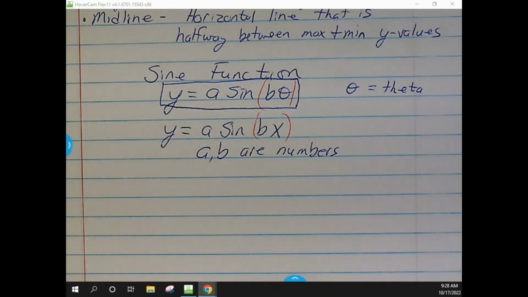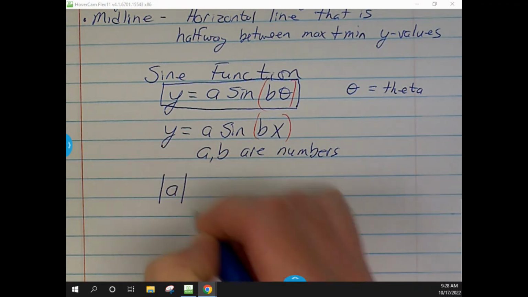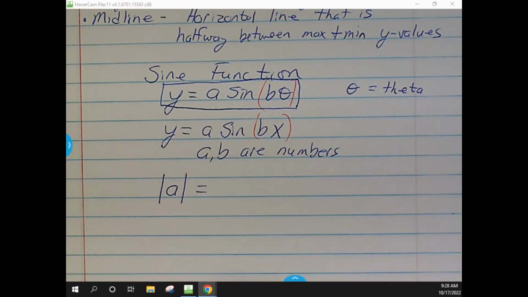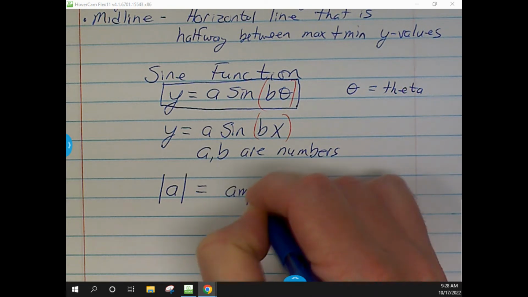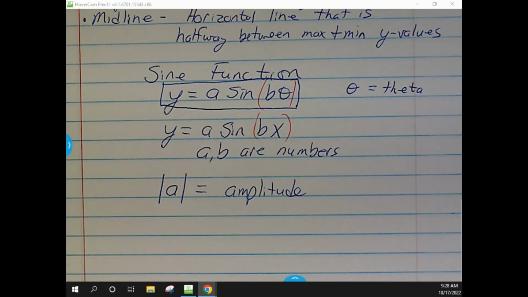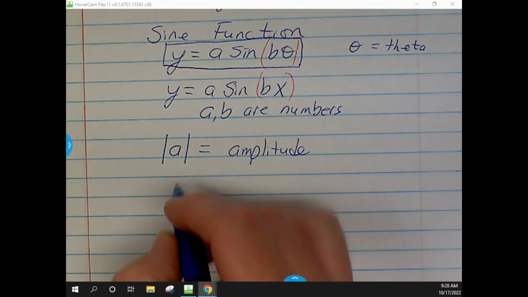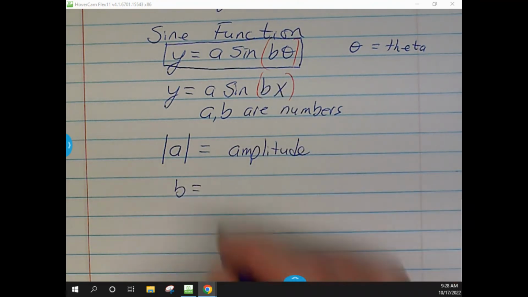All right, now, here's where those numbers come into play. If you take the absolute value of a, that is your amplitude. And if they give you the number b that's in front of x, b is your number of cycles.